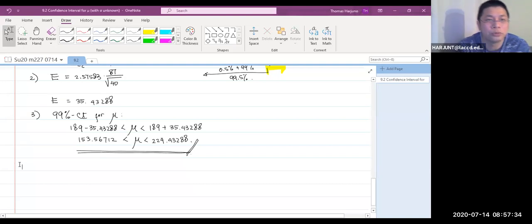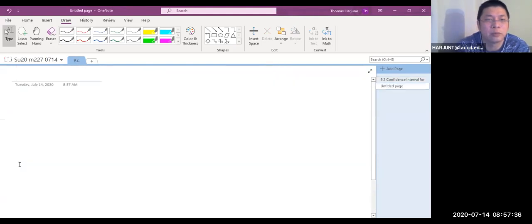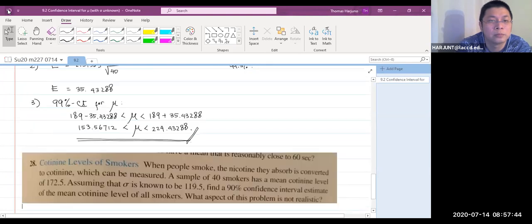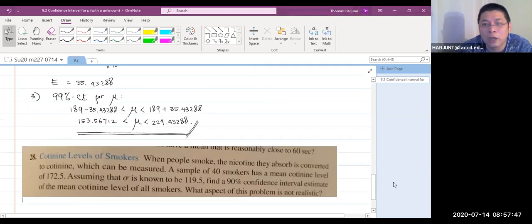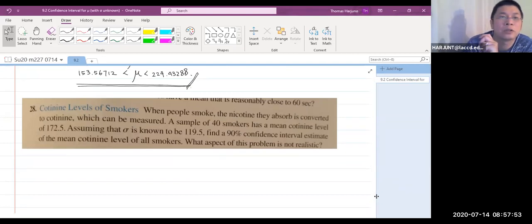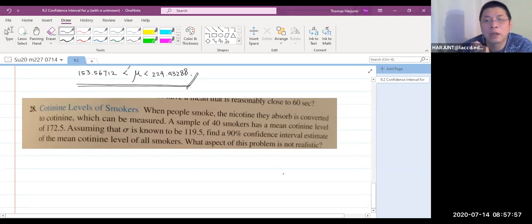They ask you to do this problem. Together with your break, we come back at 9:15. Your break is 10 minutes. We should be done with this.